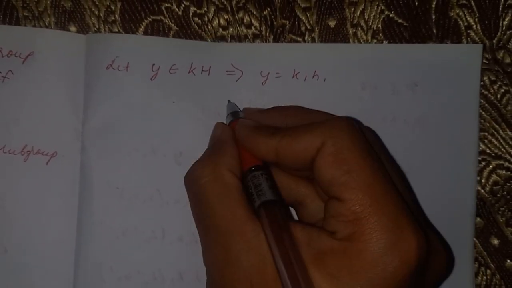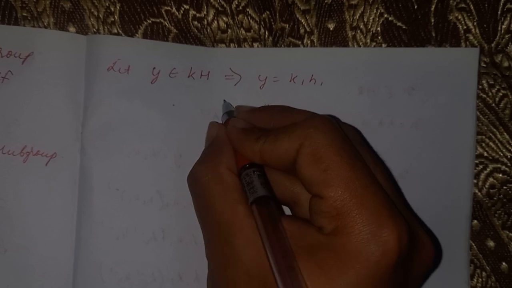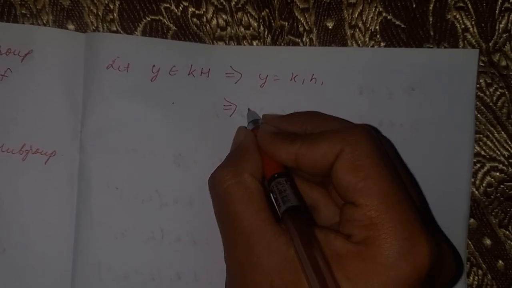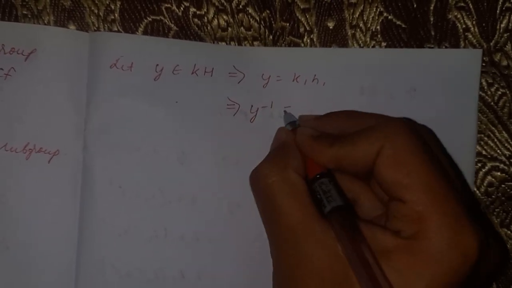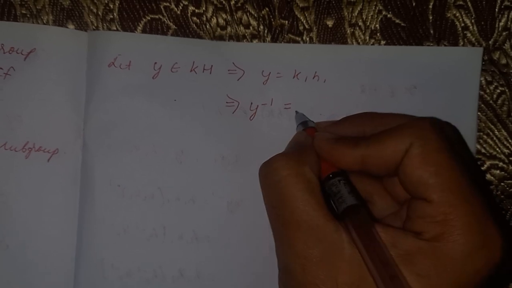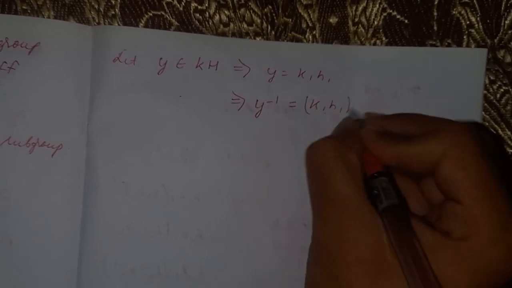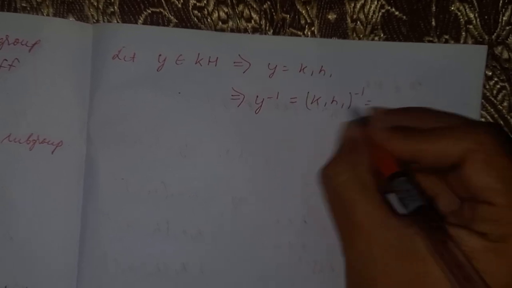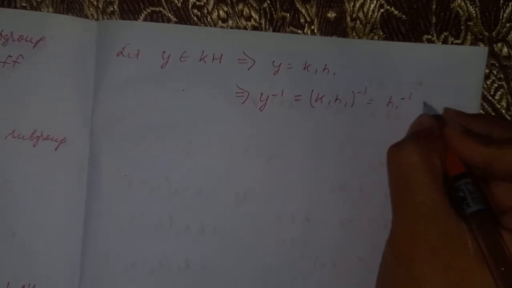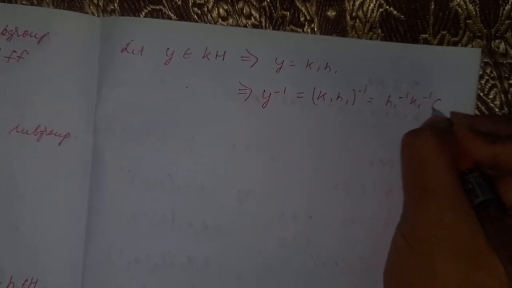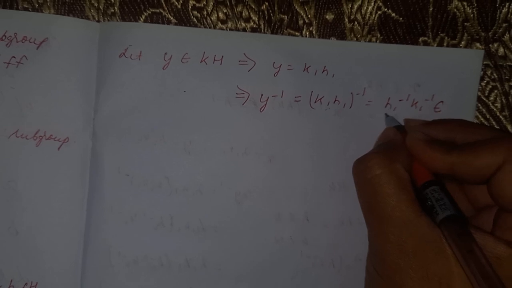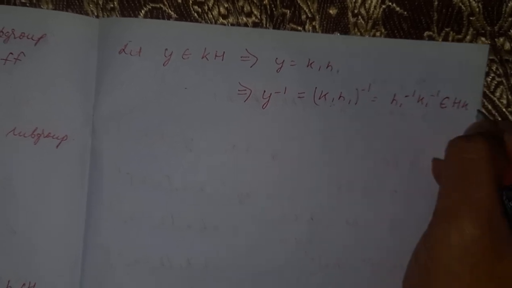So from here, if we take the inverse of this element, it can be written as h1 inverse k1 inverse, which belongs to HK.